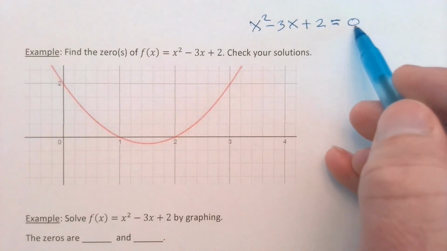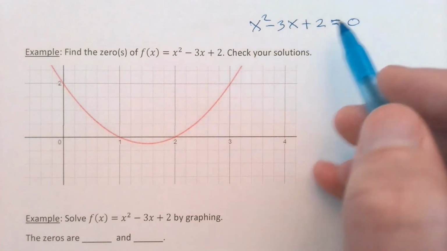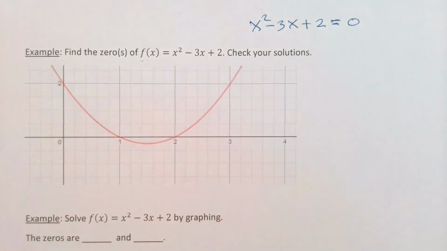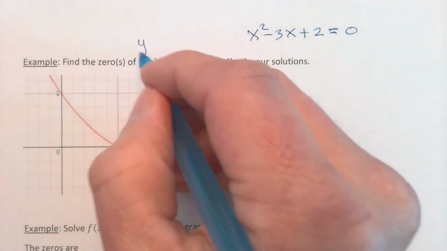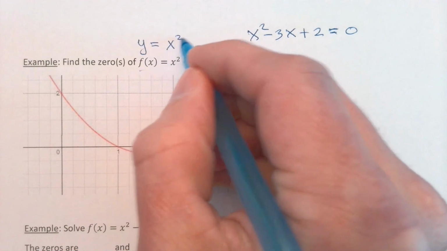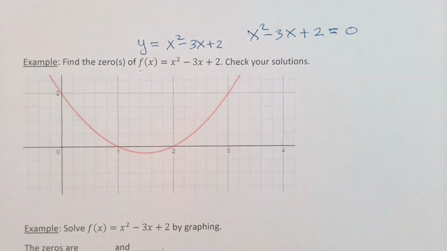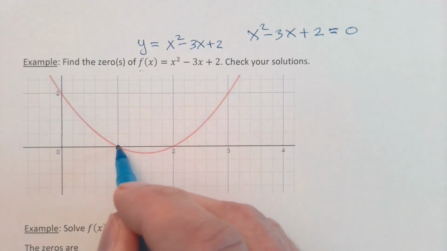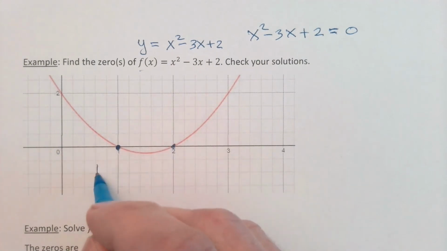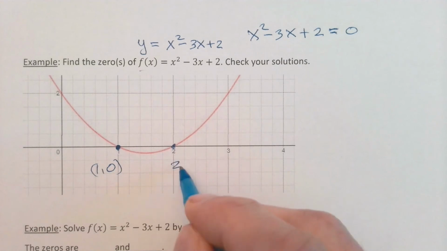And those 0 answers would calculate the f of x's, which by the way is just another way of writing y. So they could have given us the problem like this, but here's the idea. If you go down here and find those x-intercepts like we've been doing for the last 20 minutes, they are 1, 0 and 2, 0.